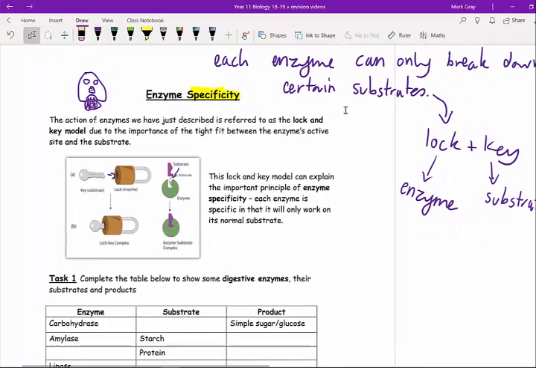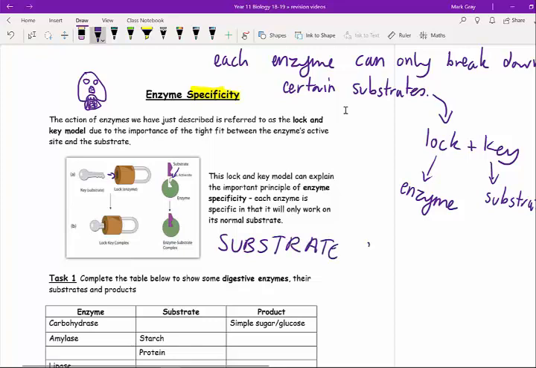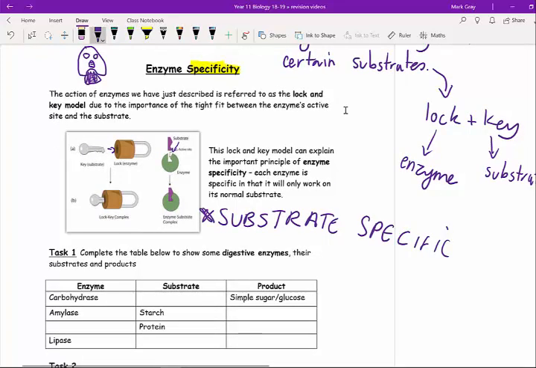And that is because they have complementary shape. So we say that enzymes are substrate specific. And that's really important. The lock and key theory is all about how enzymes are substrate specific.